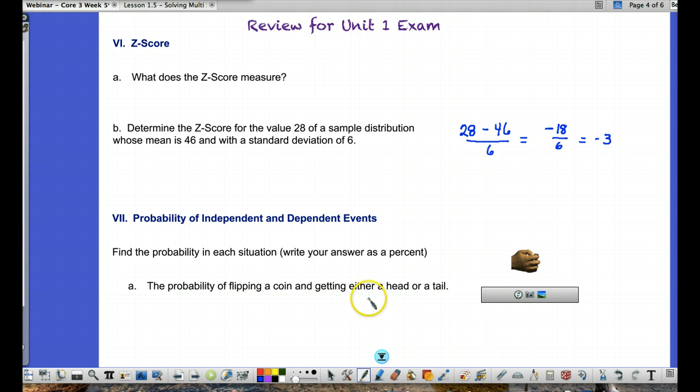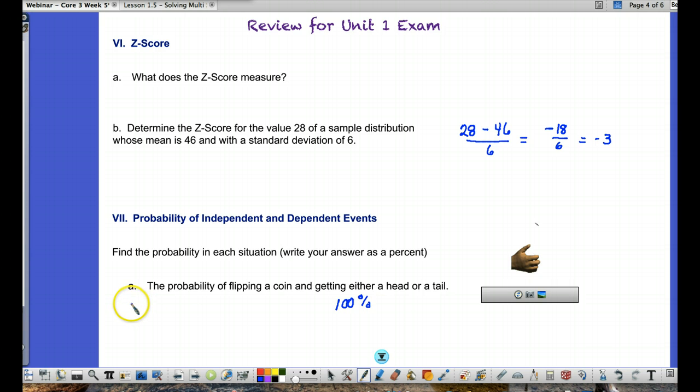The probability of getting a head is 50%, right? Yep, you're right. Good job. The probability of getting a tail is 50%. We all know that, 1 out of 2. But the probability of getting either a head or a tail, well, that's going to happen no matter what. You're going to fall on either or.